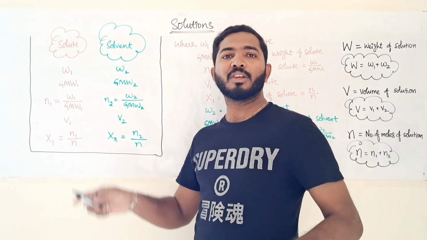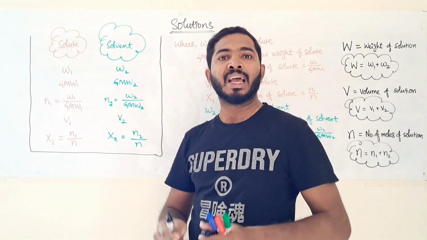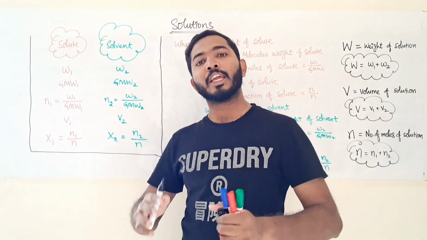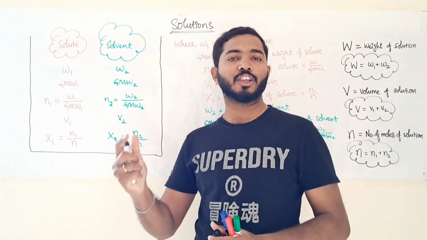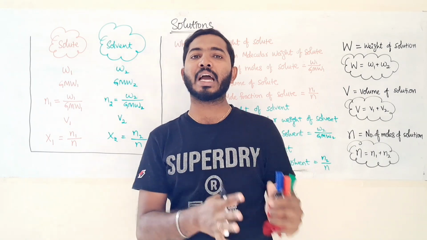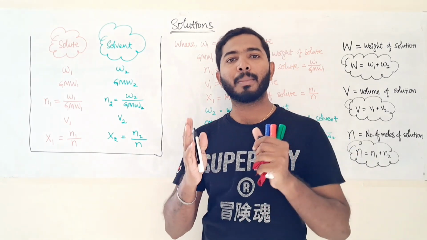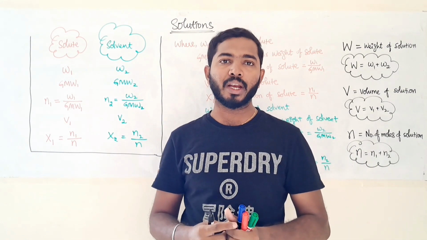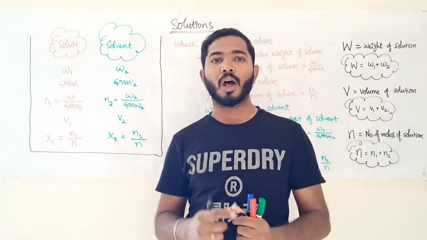Okay, so before we start the concentration terms, let us simplify the concept in order to understand the concentration terms in a better way. Let us define things for our convenience. We know that in a binary solution we have two components, solute and solvent.